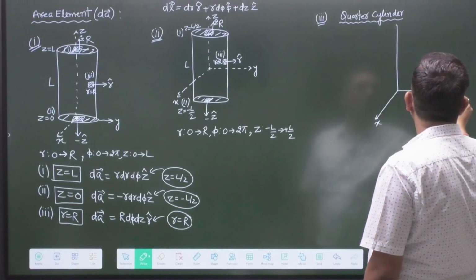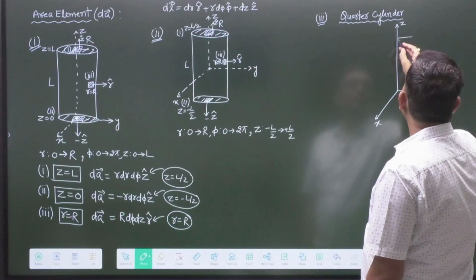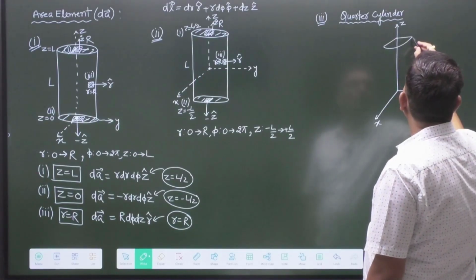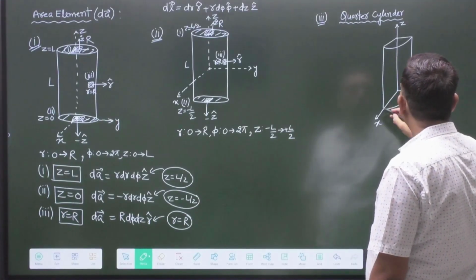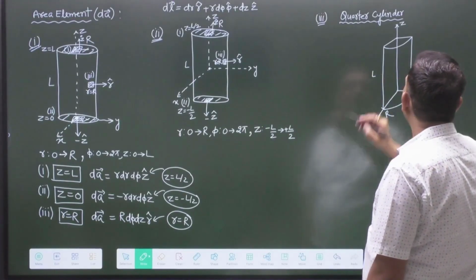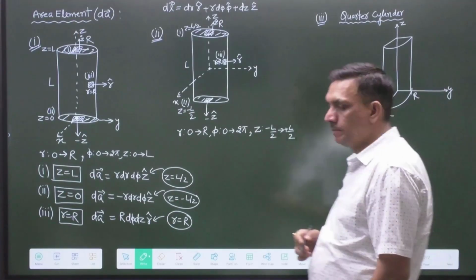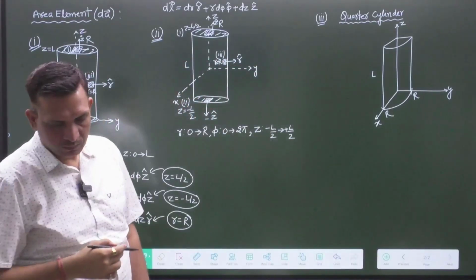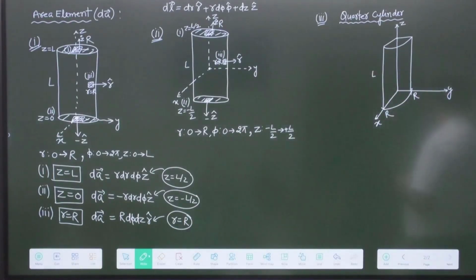This is x, y and z, and let's consider the radius is R and this length is L. It's a quarter cylinder, a 1/4 part of the cylinder.